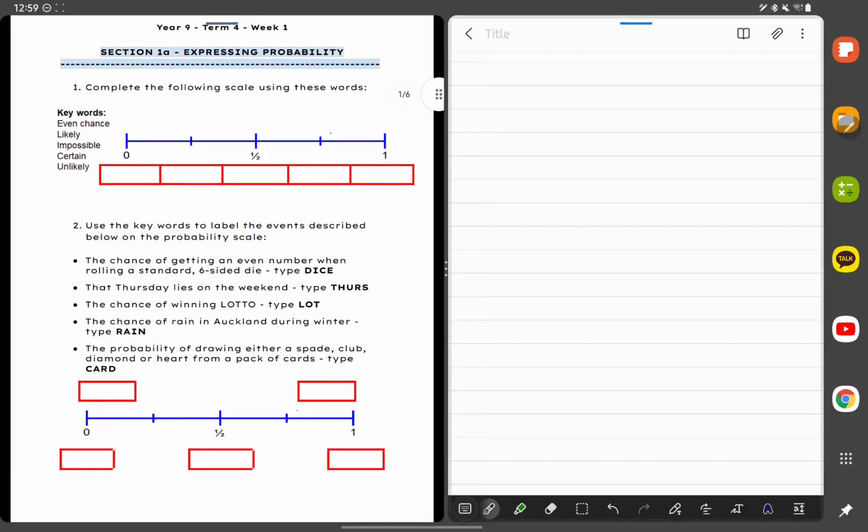So, question number 1, this is for the first lesson, the first question. They want us to order those 5 keywords in order. Cool. So, likelihood from 0 to 1, of course that's a half, and that's whatever in the middle.